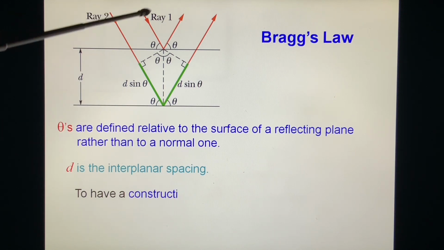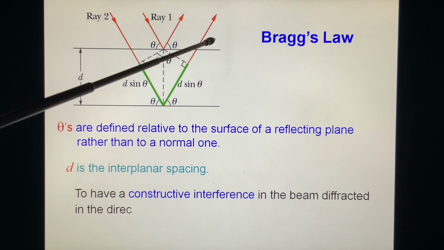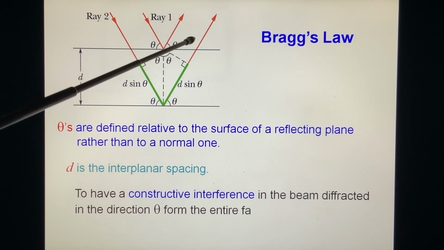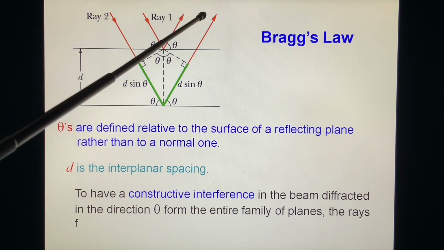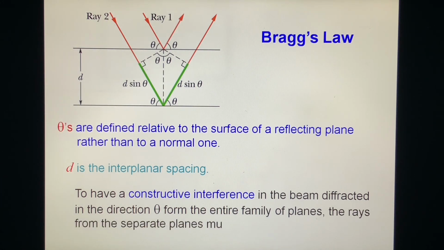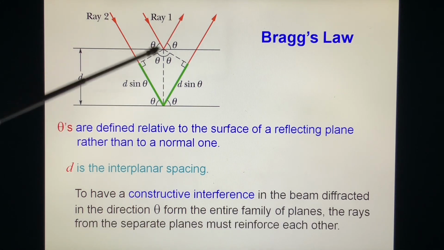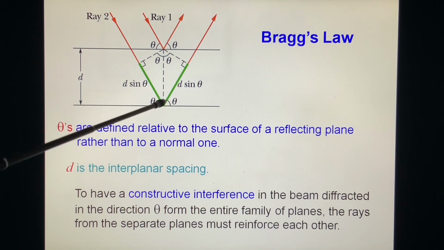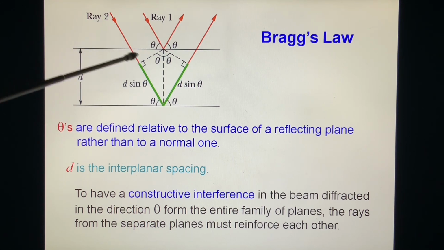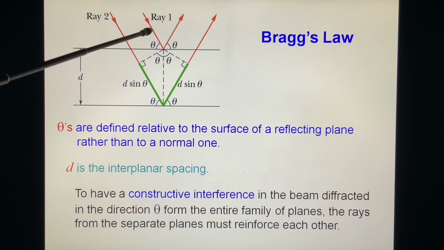They are in phase when shining in, and they should be in phase going out too. But the question is, they have a path difference. These two rays, the one larger than this one, there are two green lines.